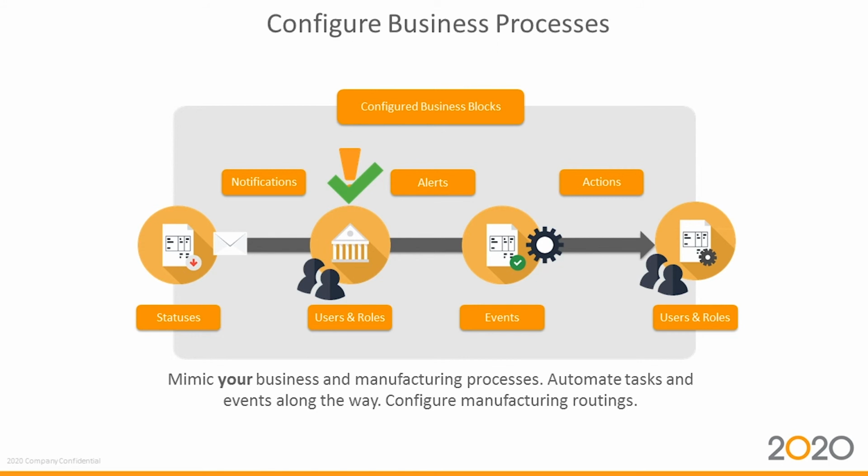We want to make sure that you don't customize the heck out of the software. We want you to configure it, because customization leads at the end of the day to a point where you're unable to upgrade to another version. And in 2020, we are releasing another version every 3 months with new functionalities, new enhancements, and so on, which you want to benefit from.